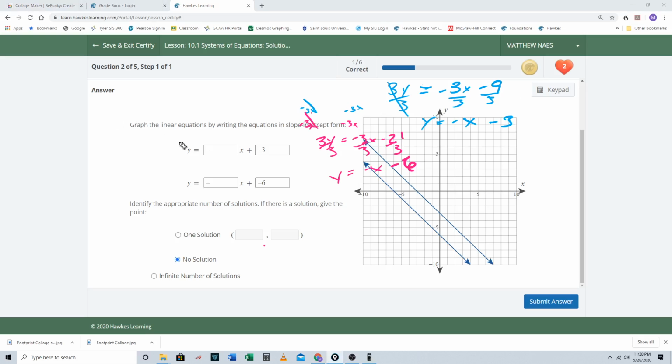All right, so right here, same slope, and different y-intercept. Before we had the same slope and the same y-intercept, which means they're the same line and there's an infinite number of solutions. Here we have the same slope but different y-intercept, which means they will never intersect. They are parallel.